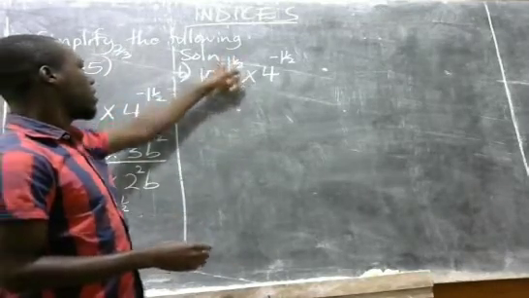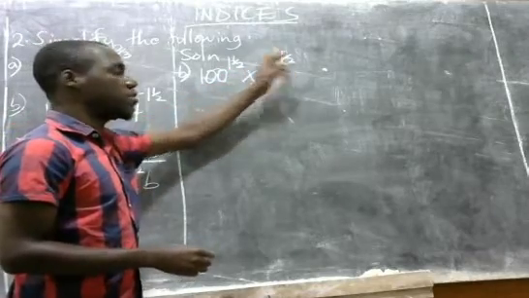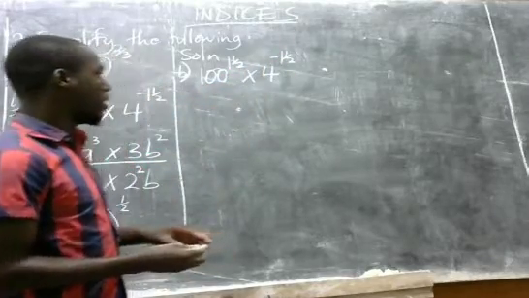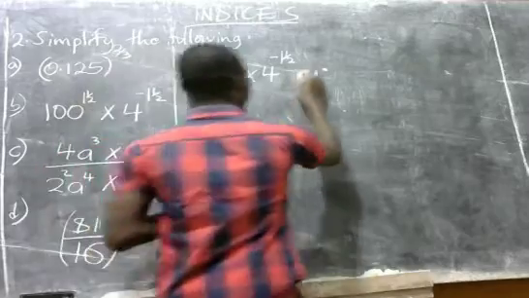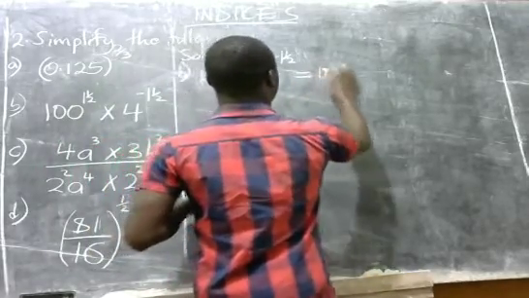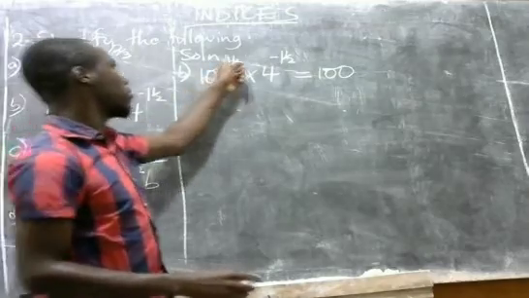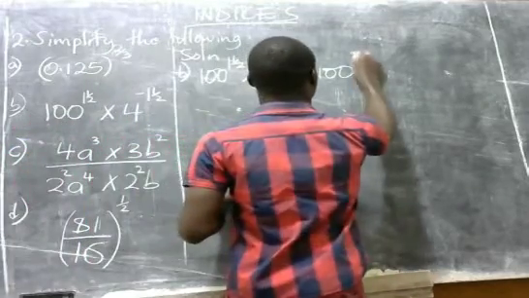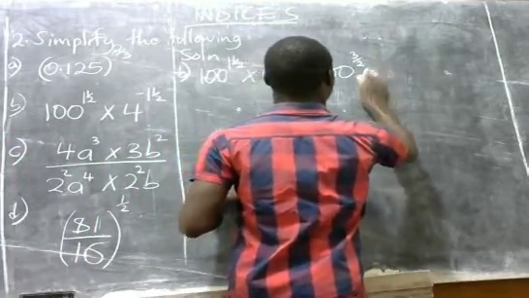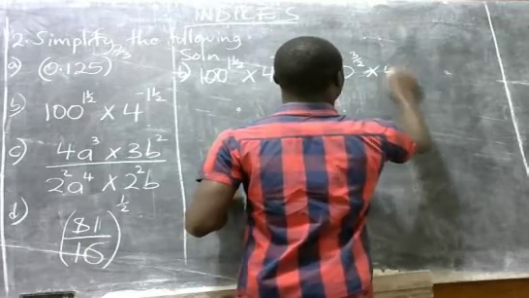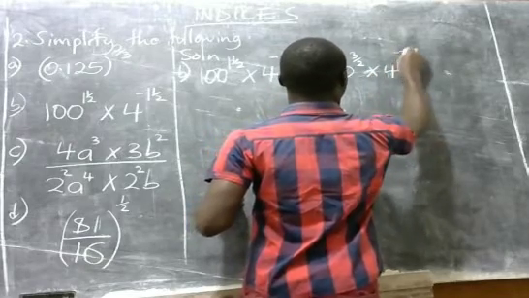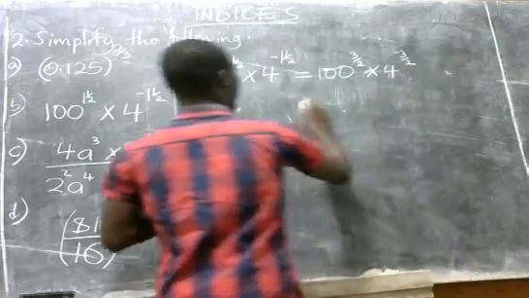The powers there are in mixed fractions, so I'm going to first convert them into improper fractions. So this is 100 to the power, when I convert, 2 times 1 is 2, plus 1, that is 3 all over 2.